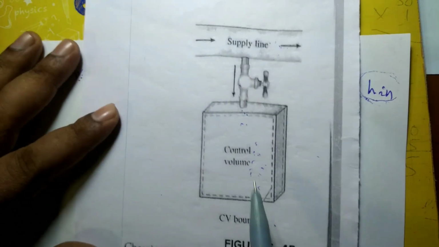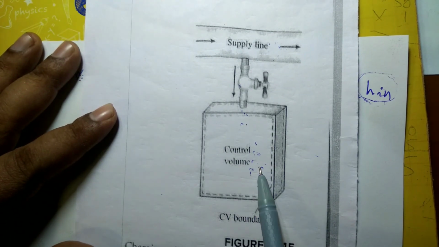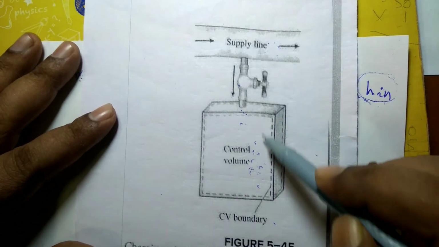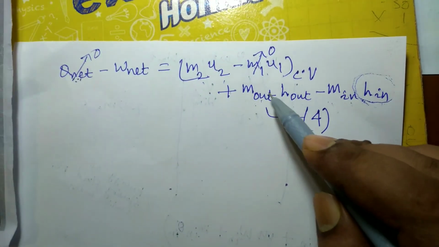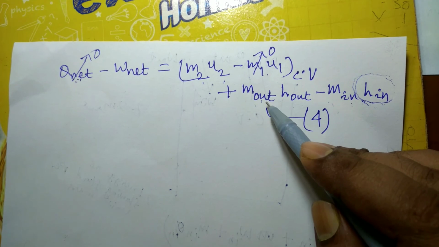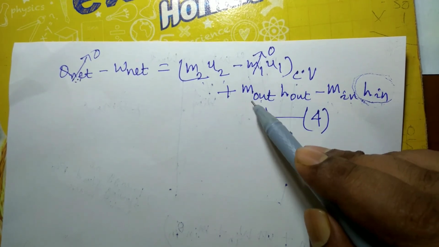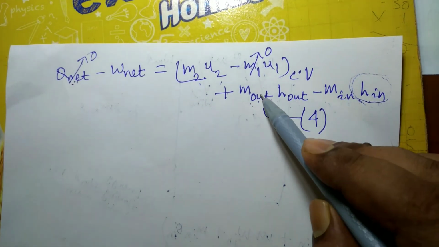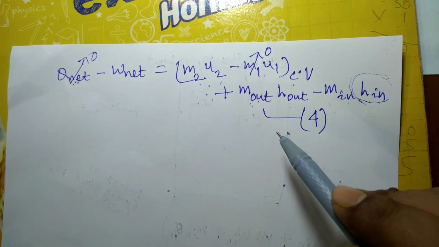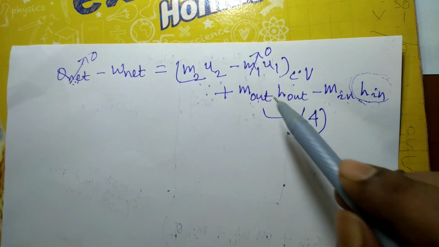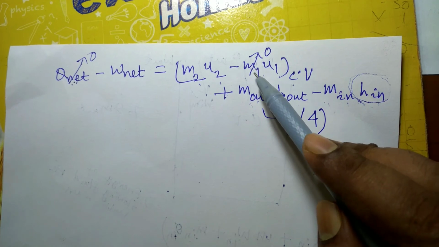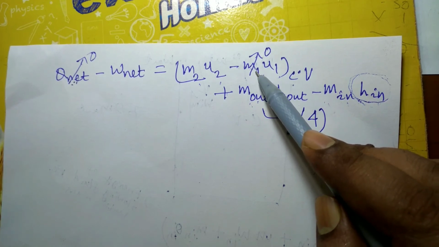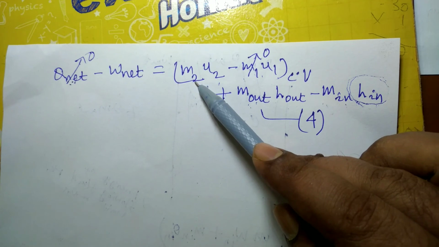And in case of charging, in charging only M in is there, no M out is there, so in that case I will neglect the M out term and it will be reduced to zero. If evacuated, the initial mass of the control volume is zero. M1 represents the initial mass of the control volume, M2 represents the final mass.